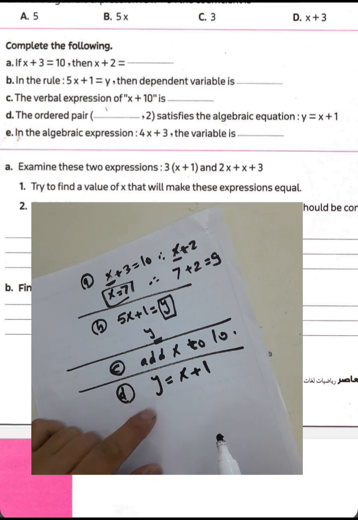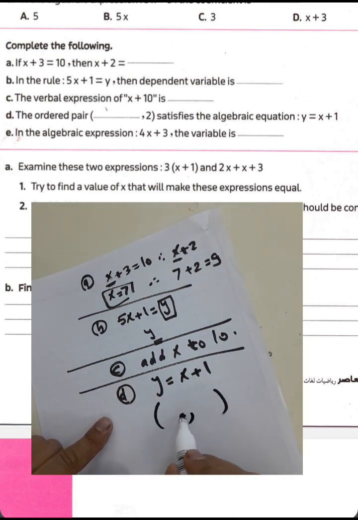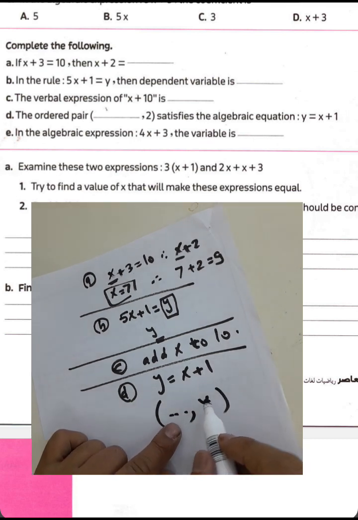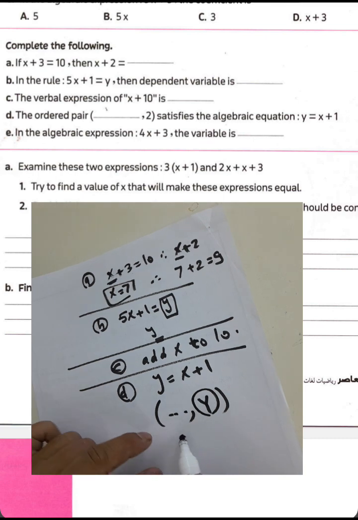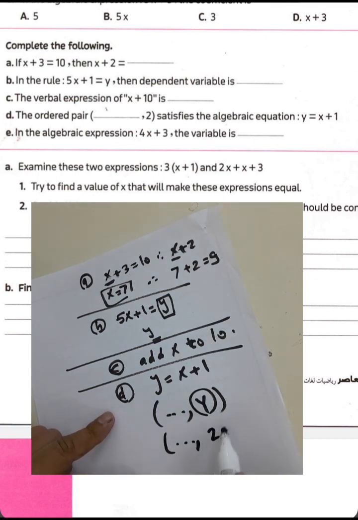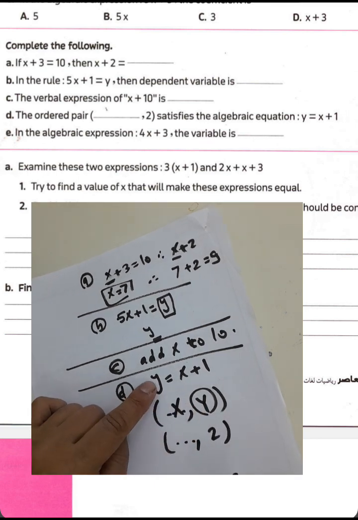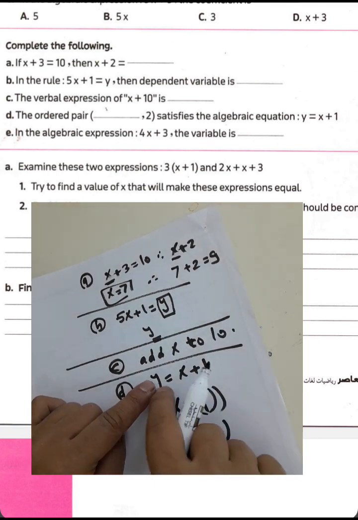He wants us to find x in the ordered pair here. We have x and y. He wants to find x. He gives us y equal to 2, the second projection. We don't know x, okay? But he gives us the dependent y, 2.